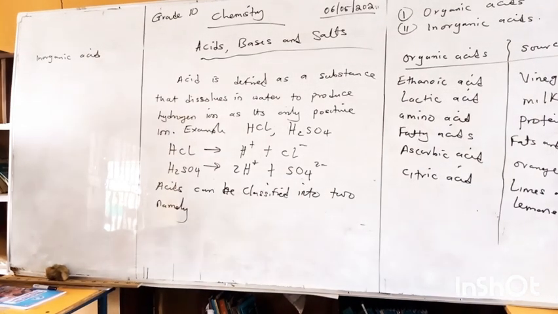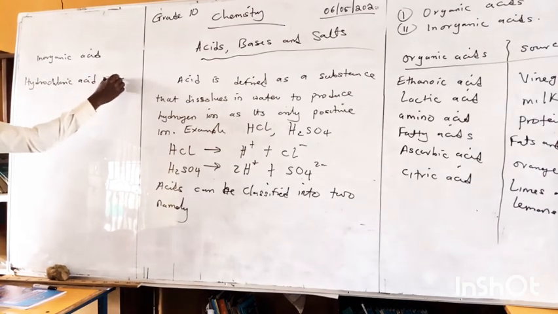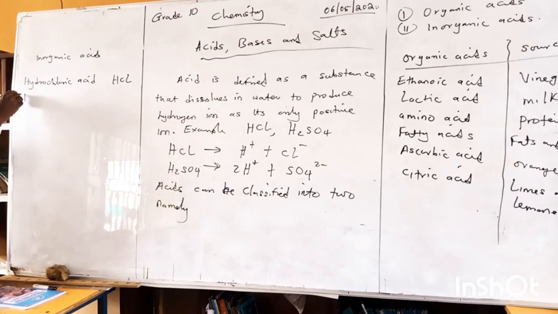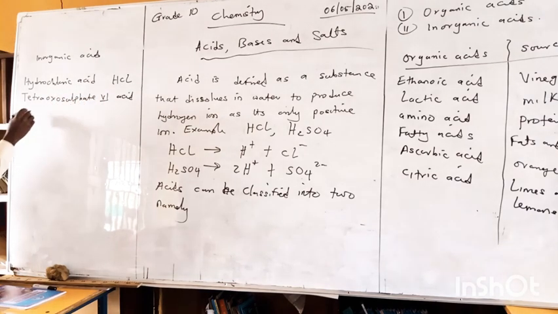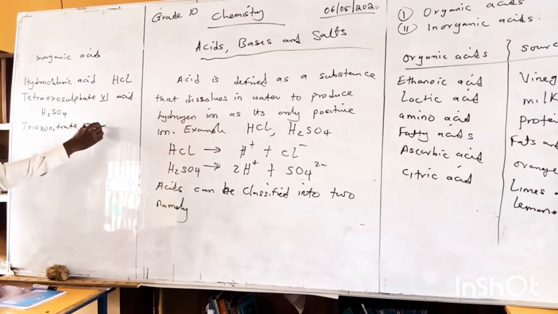Examples of inorganic acid are hydrochloric acid, that is HCl, tetraoxosulfuric acid, H2SO4, and trioxonitrate acid, HNO3.